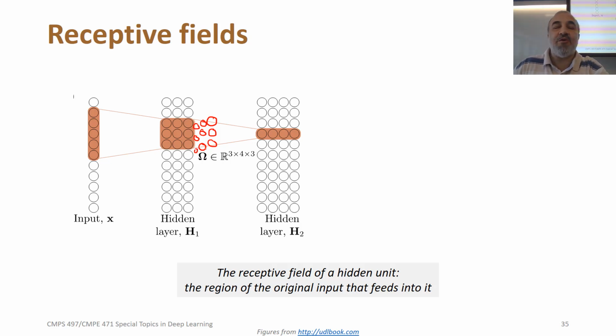The terminology is the size of the region for one channel. It's applied to multiple channels. So we have 9 weights here, but the size of the kernel is 3. That's by definition. That's just a definition.